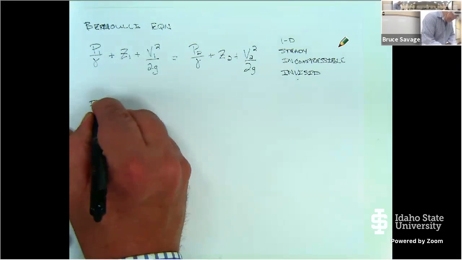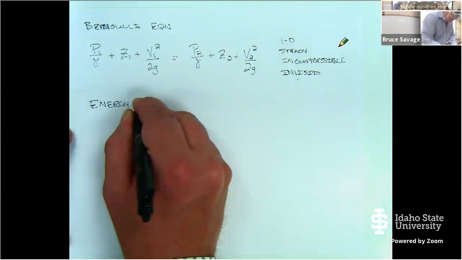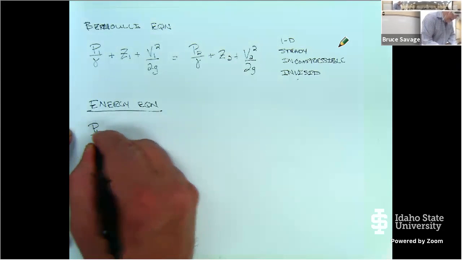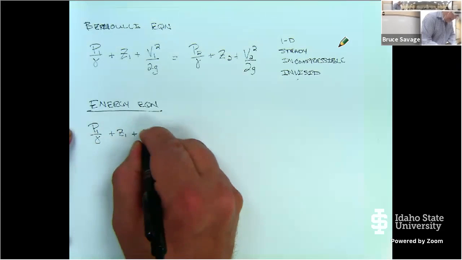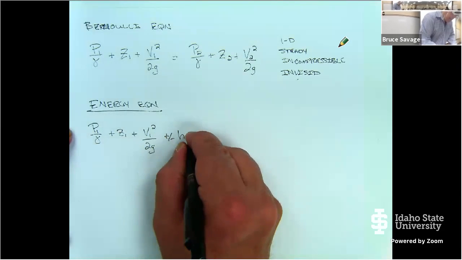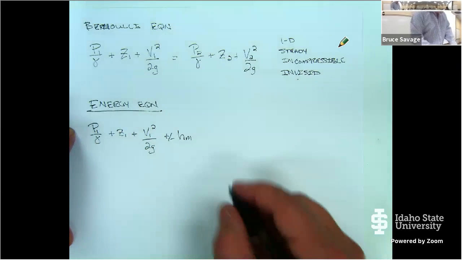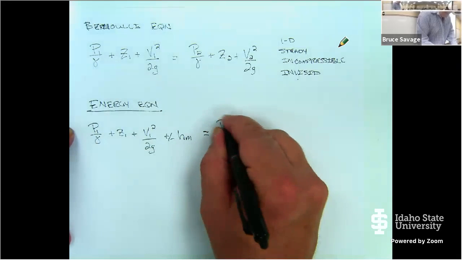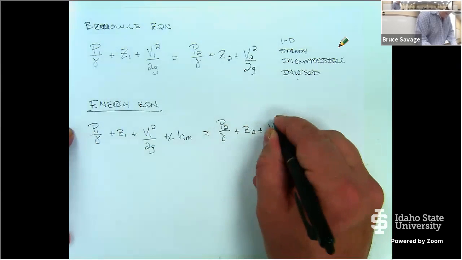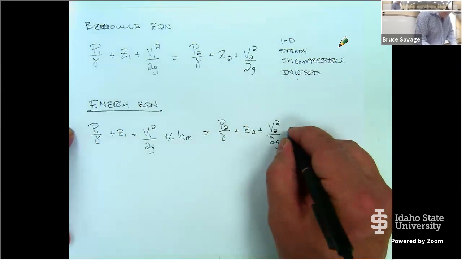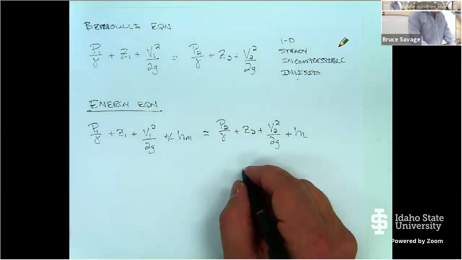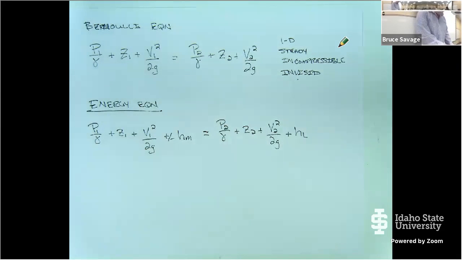So if we go to the full energy equation, we have P sub 1 over gamma plus Z sub 1 plus V sub 1 squared over 2g plus or minus H sub M is equal to P sub 2 over gamma plus Z sub 2 plus V sub 2 squared over 2g plus then the head loss. And let's go ahead and break this whole thing down now, okay?